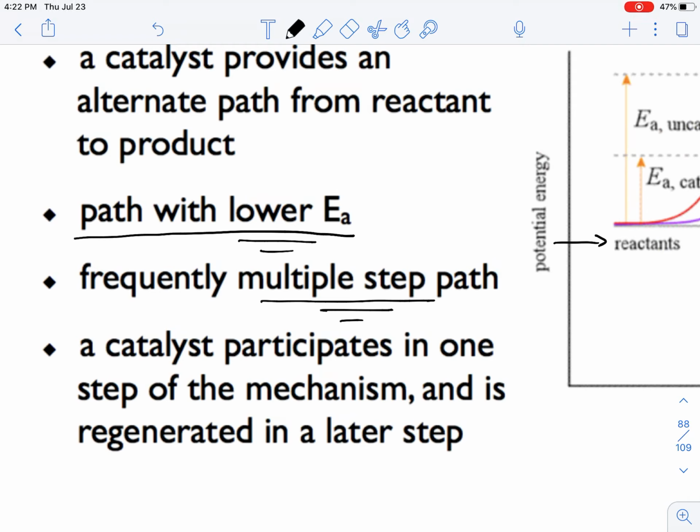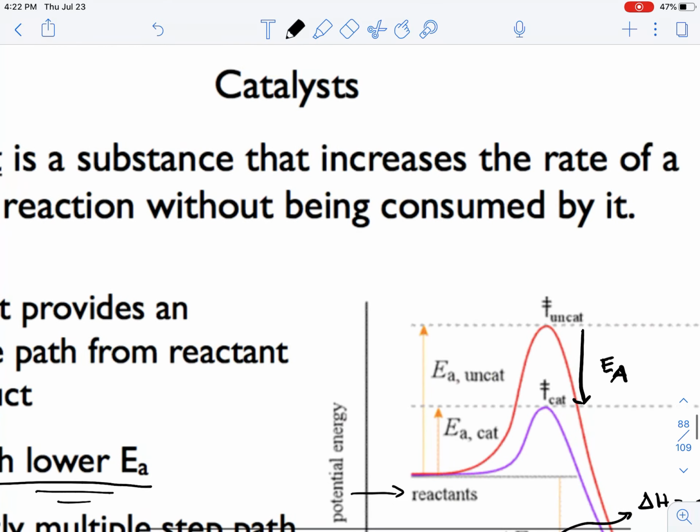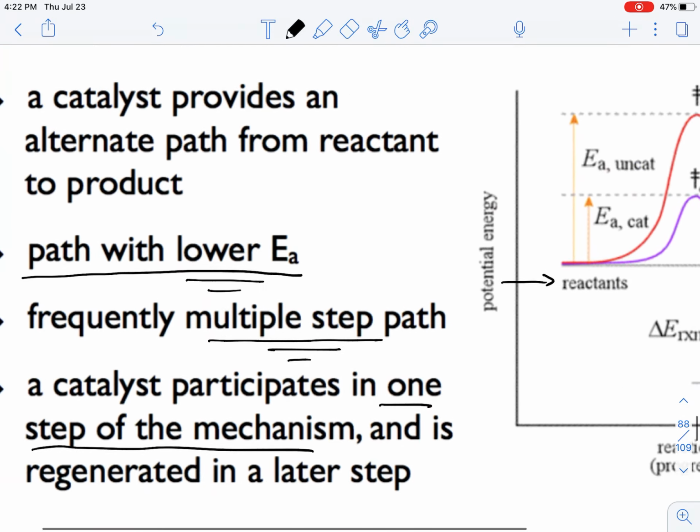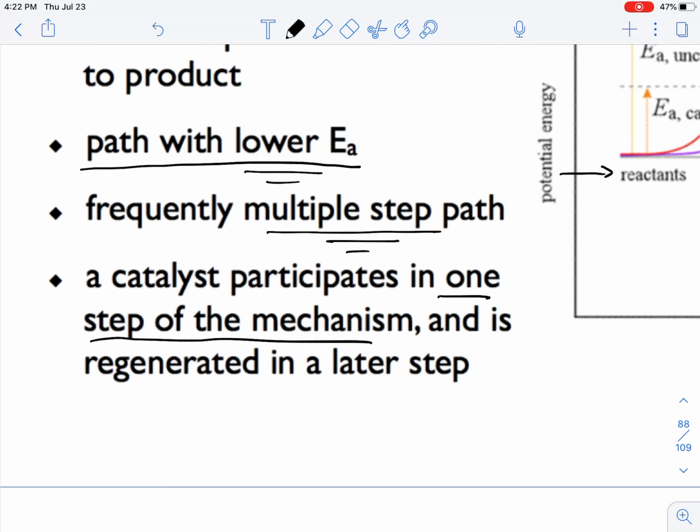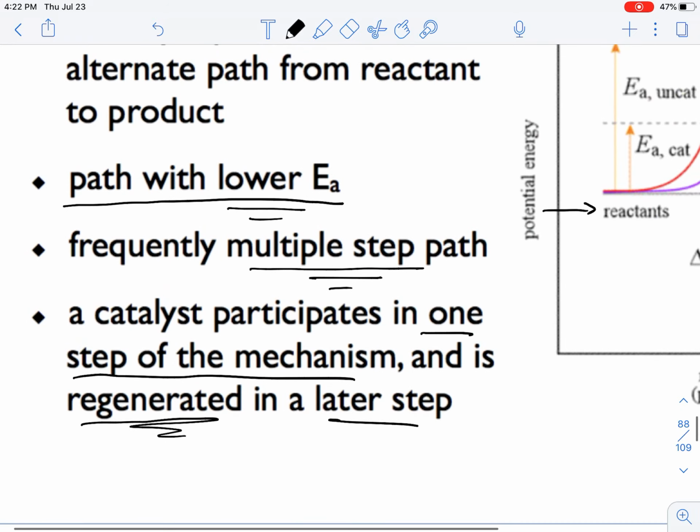And so overall, a catalyst will participate in the first step of a reaction mechanism. We'll see that when we talk about reaction mechanisms in the next lecture video. However, since catalysts are not consumed, that means the catalyst will be regenerated at a later step.